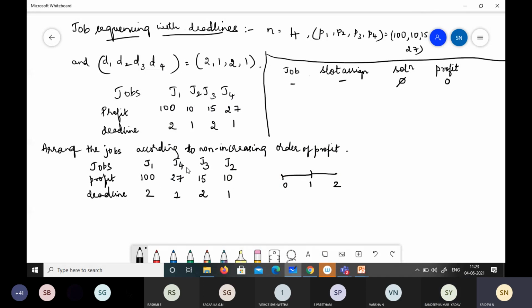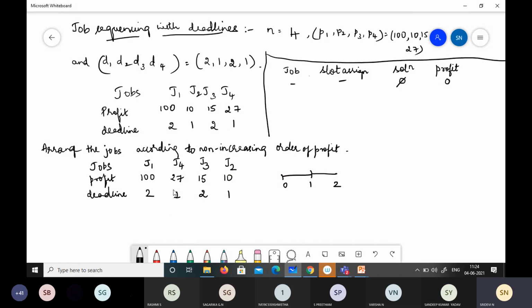Now, if you look into this, which job should be completed first? J4. Yes, J4 should be completed first. Why? Because it can wait only up to 1 minute.